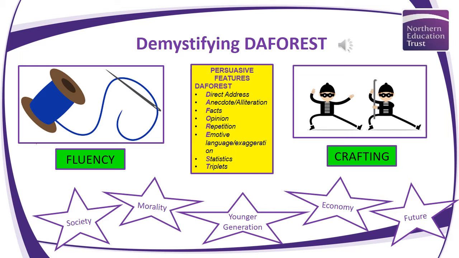So the ideas and the fluency have to come before the crafting of language. And it's a building process. You can't start with a repetition or a statistic if the planning and the cultivation of an idea and the fluency of a piece of writing hasn't been considered first.